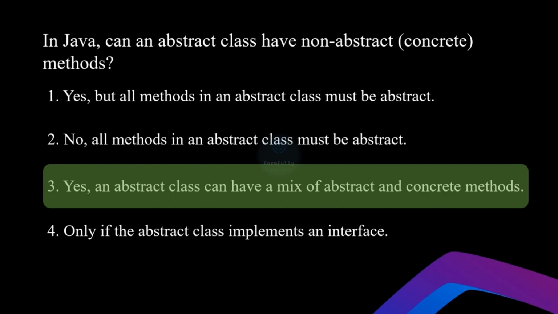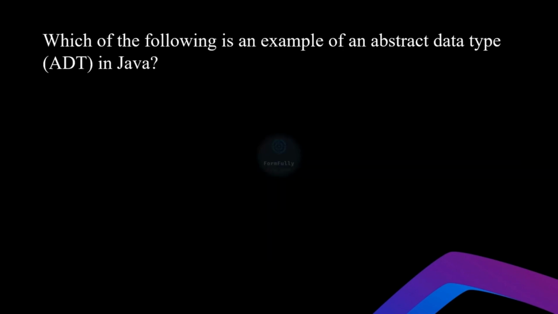This allows abstract classes to provide some default behavior while requiring subclasses to implement specific methods. Option 1 is incorrect because not all methods in an abstract class need to be abstract, same as option 2. Option D is incorrect as implementing an interface does not determine whether concrete methods can be in an abstract class. So option 3 is correct. Moving to the next question.